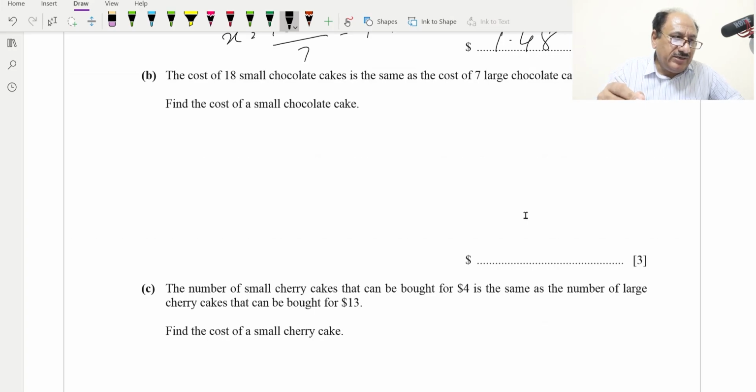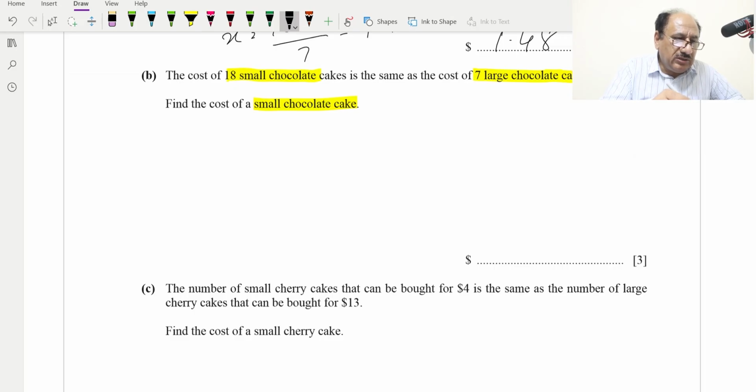The cost of 18 small cakes is the same as the cost of 7 large chocolate cakes. Find the cost of a small chocolate cake.